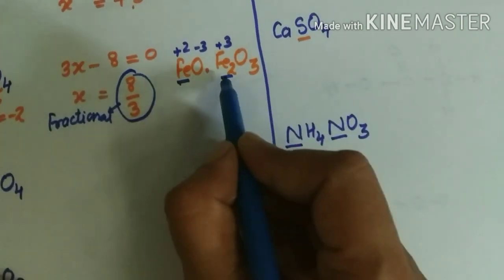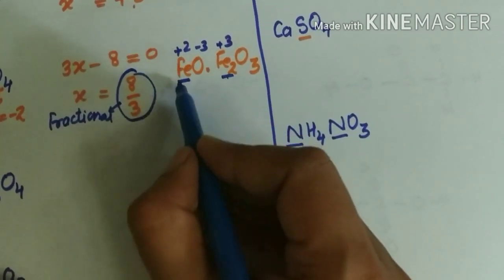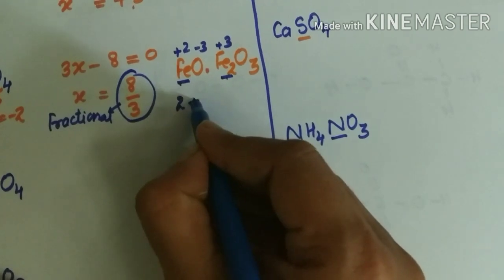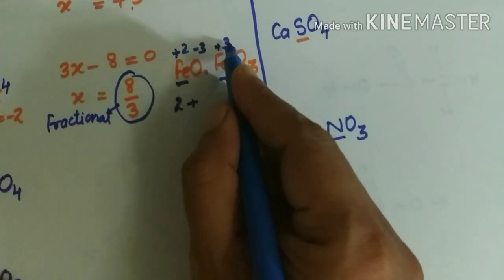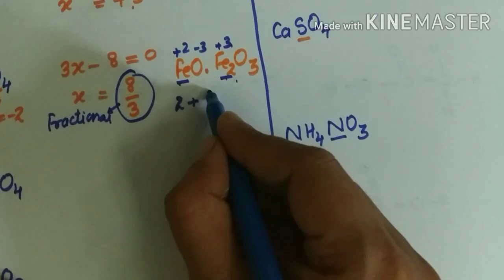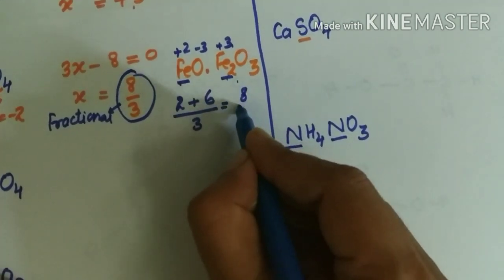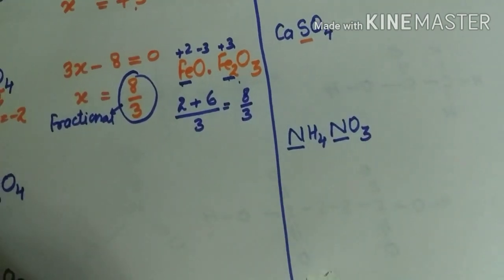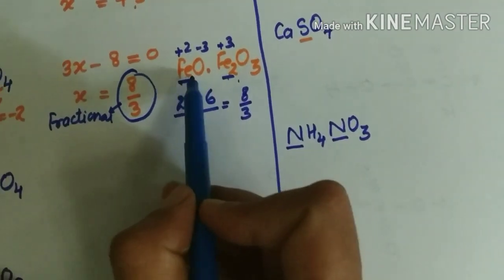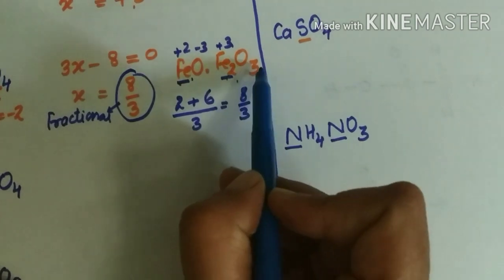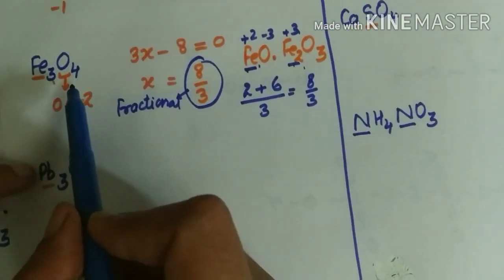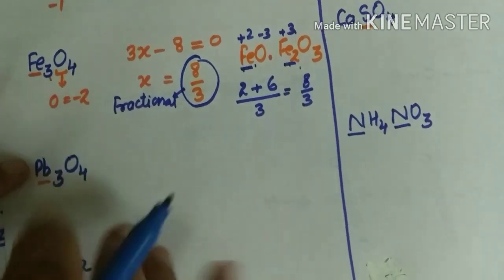So if we find the average, it is plus 2 for one iron atom and plus 3 for the other, 2 atoms are there, so plus 6, all over a total of 3 atoms, so the average comes out to be 8 by 3. It is a mixture, so Fe3O4 is sometimes also called iron 2,3 oxide.